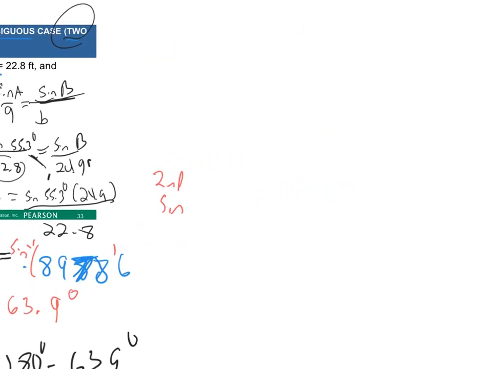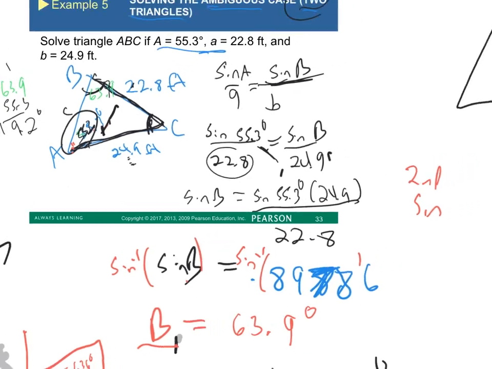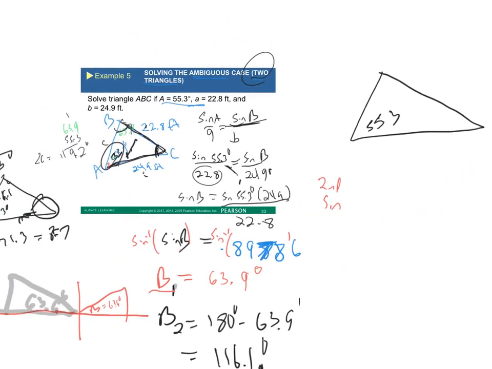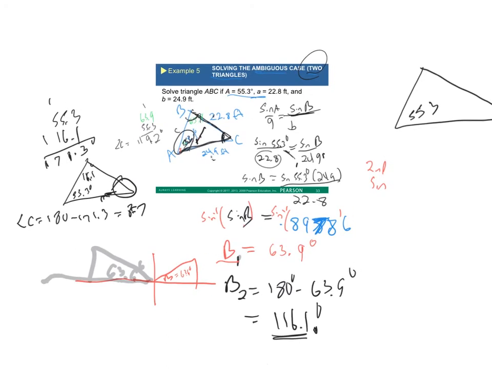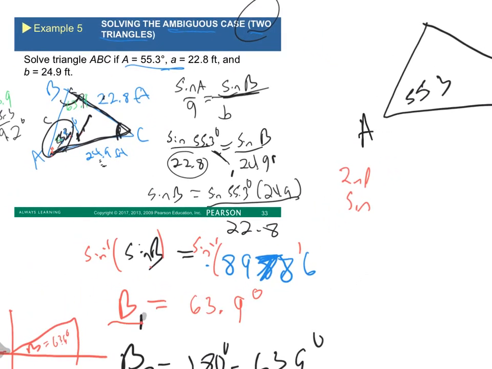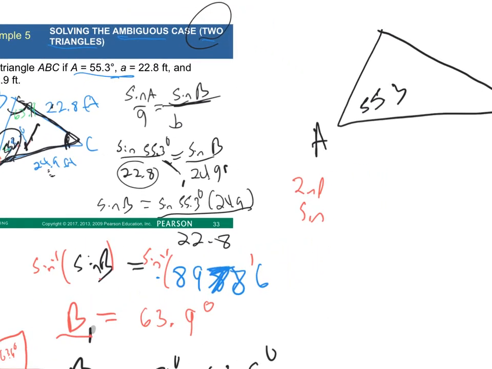The first triangle we had, let me fill in everything that we already knew. 55.3 was my angle, I'll put it over here, it was angle A. And we knew that small a side would have been 22.8 feet.